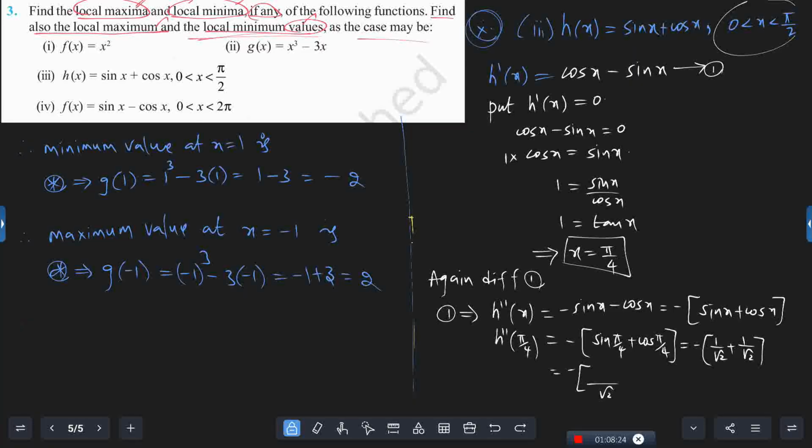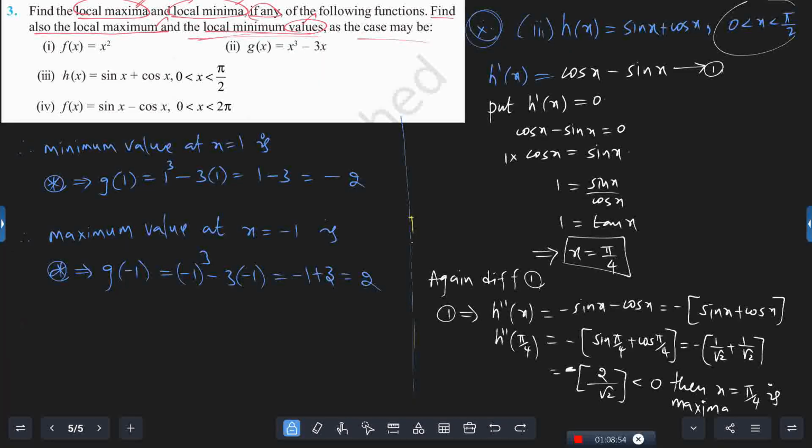Root 2 is common, 1 plus 1 is 2. There is a minus outside, so it is less than 0. Double derivative less than 0, so what is the x value? Maxima. Be careful. Then x is equal to pi by 4 is maxima.